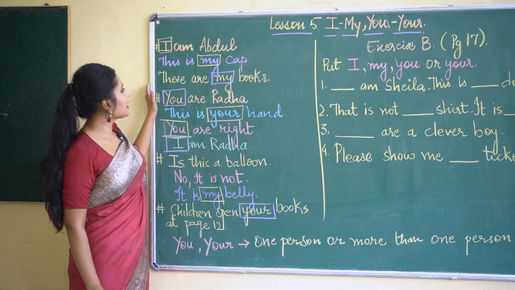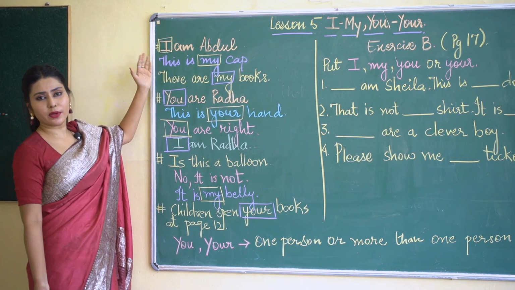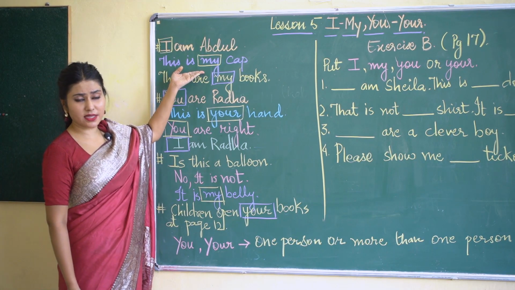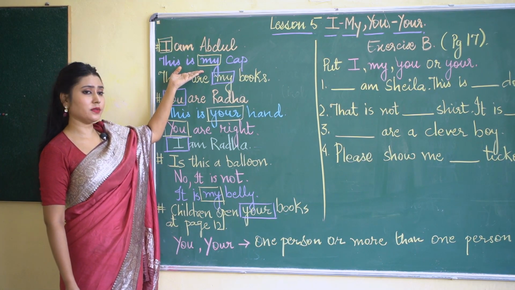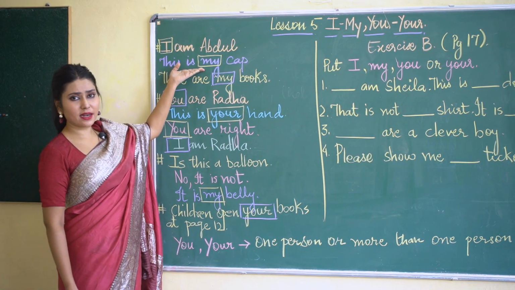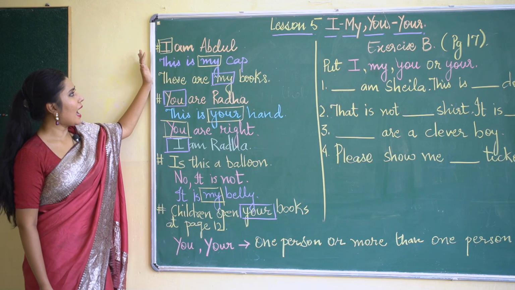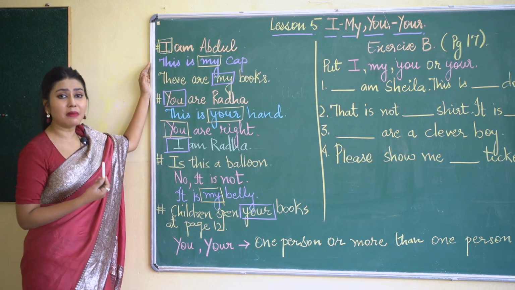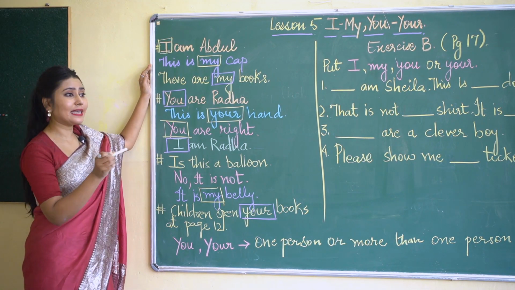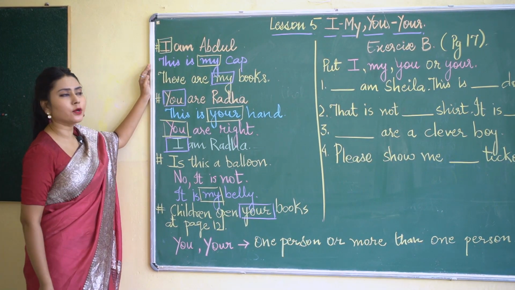So I will always come with my. If my is part of the sentence or the question, that means it is trying to define I there. So, I am Abdul, this is my cap, because that cap belongs to me, or this cap belongs to Abdul.